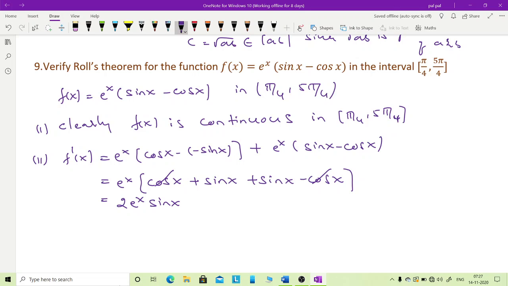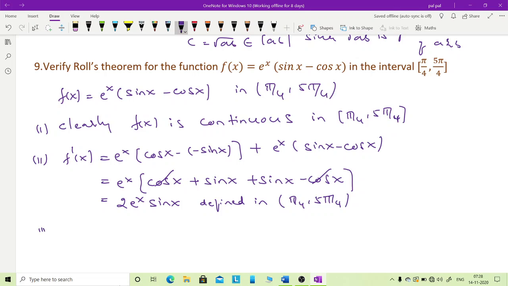On that basis we conclude that f dash of x is defined in the interval pi by 4 to 5 pi by 4. That means it is a differentiable function in the interval.